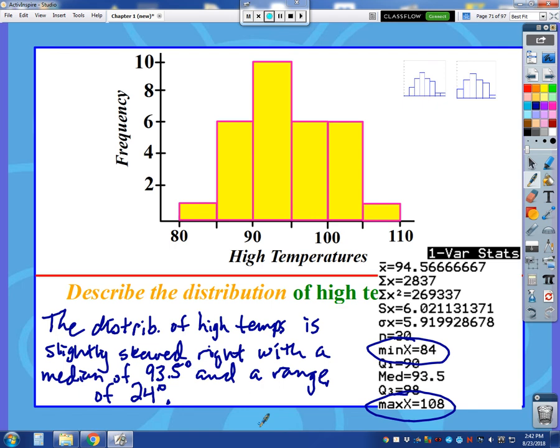And again, if you thought the distribution was roughly symmetric, you could use mean. And if you used mean, then you need to use standard deviation, the Sx number, as your spread. Okay, so just make sure your median or your centers and spreads match up appropriately with however you described it.